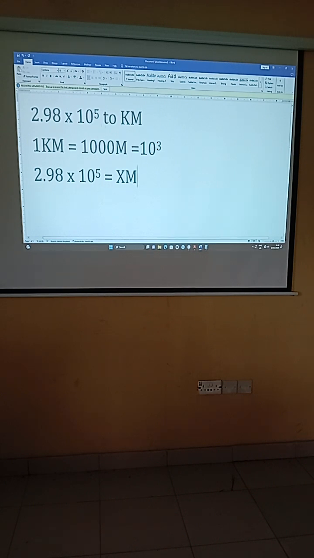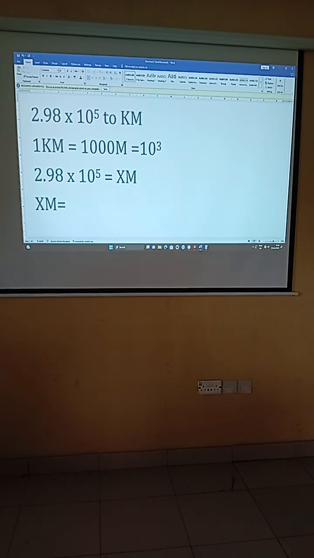So, let's see how we resolve this. Just go to the other one. We cross multiply. If you cross multiply, it becomes, we are working with 10 to the power minus 3 here now. It goes with this. 1 goes with xn. Therefore, xn times 1 gives you xn also, which is x meters.